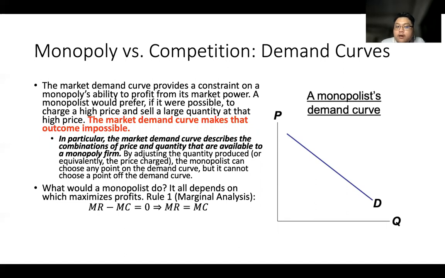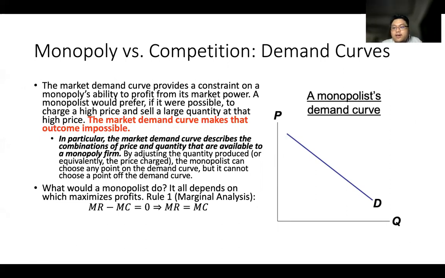In particular, the market demand curve describes the combinations of price and quantity that are available to a monopoly. By adjusting the quantity produced, or equivalently the price charged, the monopolist can choose any point along that demand curve, but it can't choose a point off it. So it's constrained here.